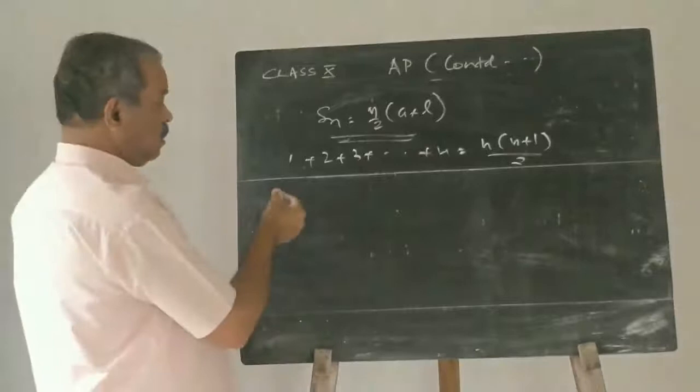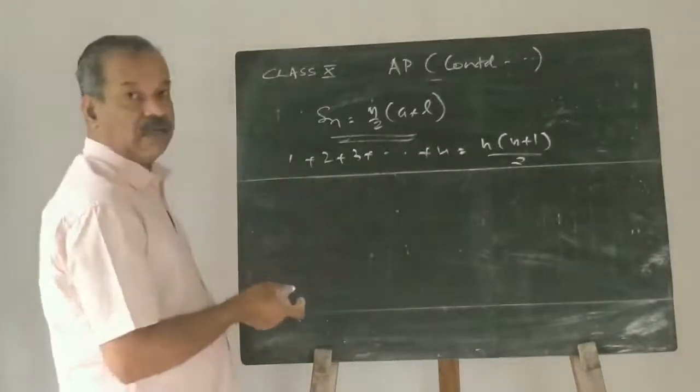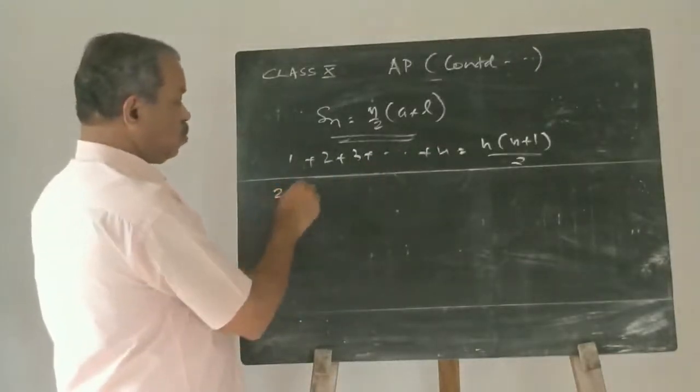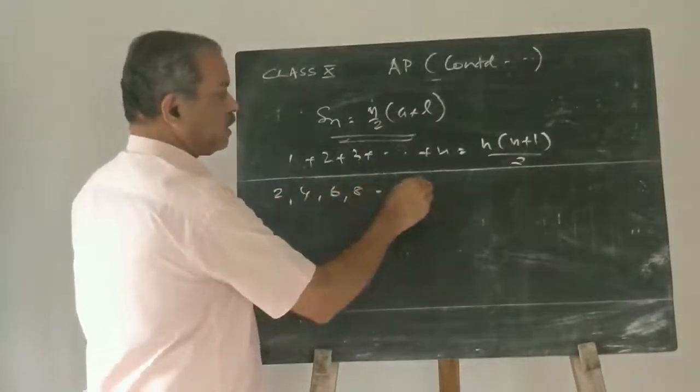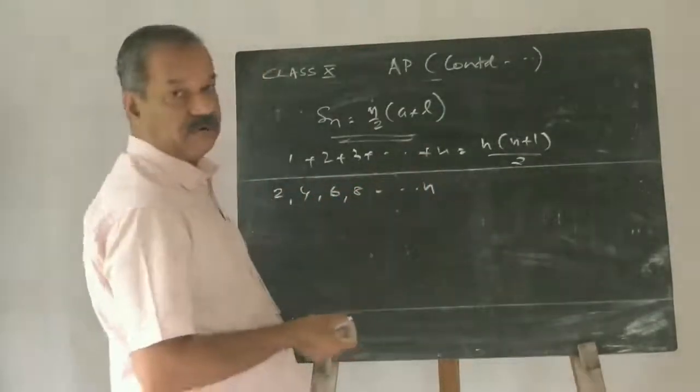Now let us consider even numbers. First, n consecutive even numbers, that is 2, 4, 6, 8, etc. Which will be the nth even number?